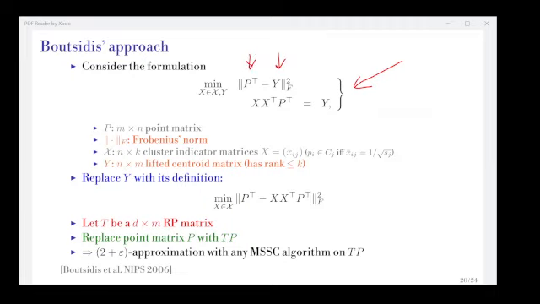This centroid matrix, we're going to see later that this is a low rank matrix, okay? Anyway, the variables are the centroid matrix, of course, and these matrices in this set calligraphic X. And this constraint here is really the definition of the centroid.